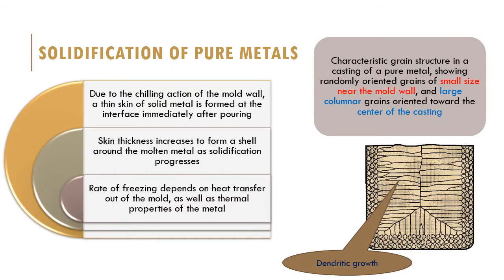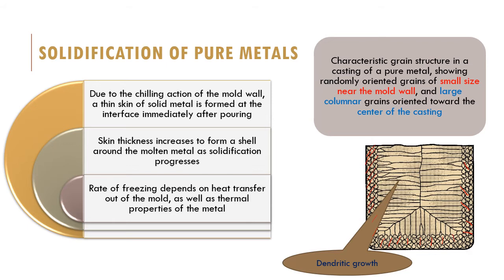After the molten metal is poured into the cavity, usually due to the chilling action of the mold wall, because the wall is cold, there will be a thick skin where the molten metal will start to solidify on the wall area first, because of the different temperature of the molten metal and the wall temperature.